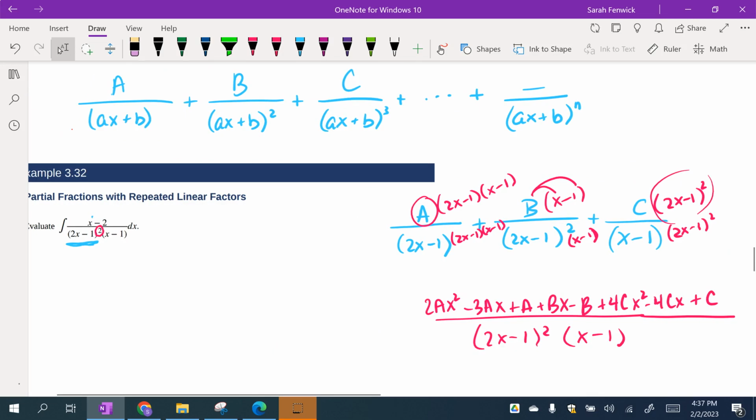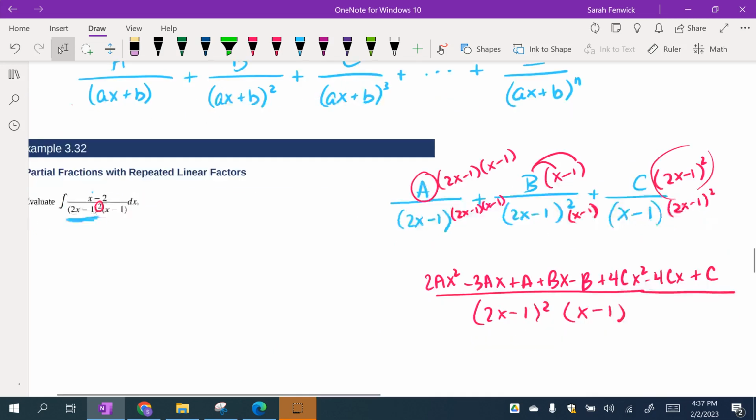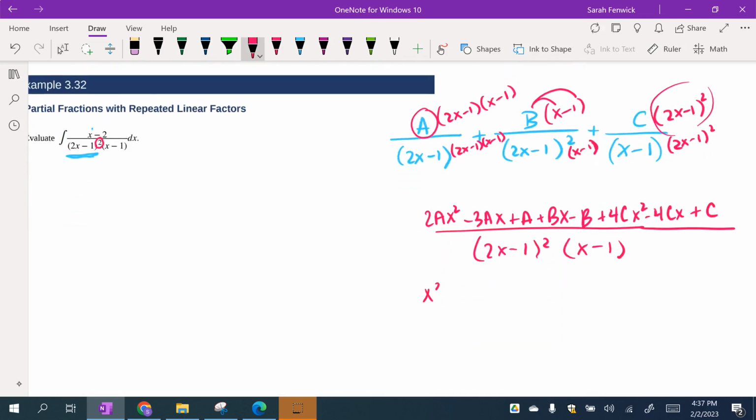Now, our original numerator was x minus 2. So we have our x squares, our x's, and our constants. For x squares, we have 2ax squared plus 4cx squared. So we're going to say 2a plus 4c equals 0.